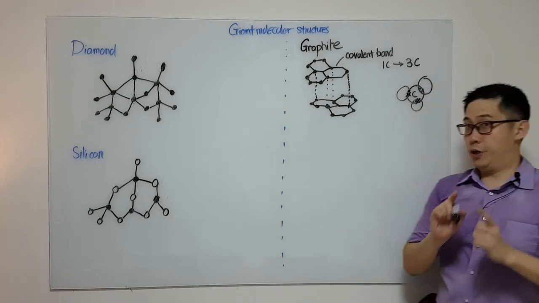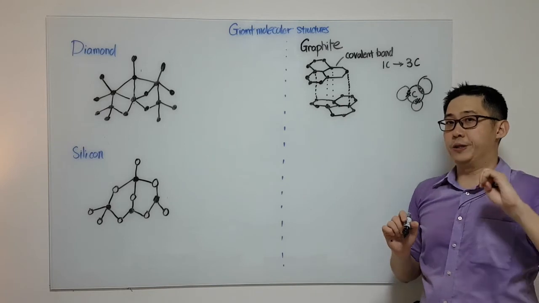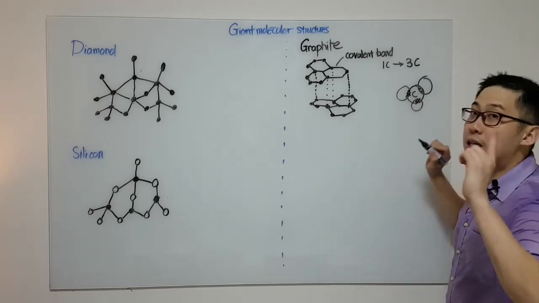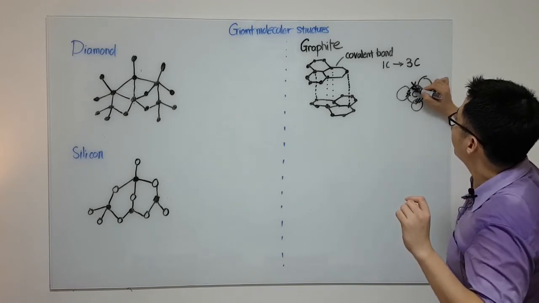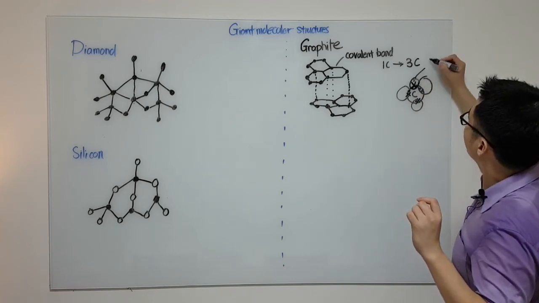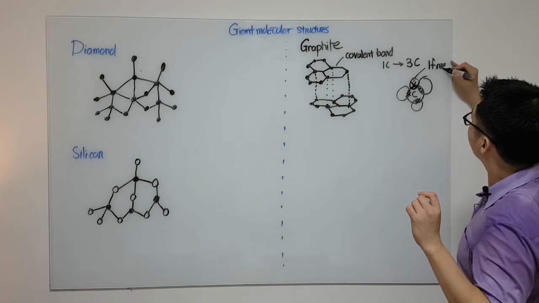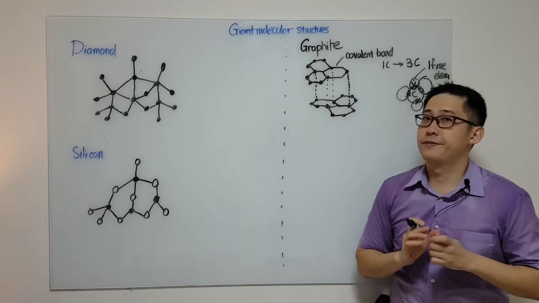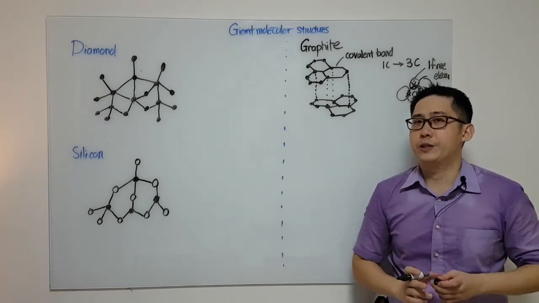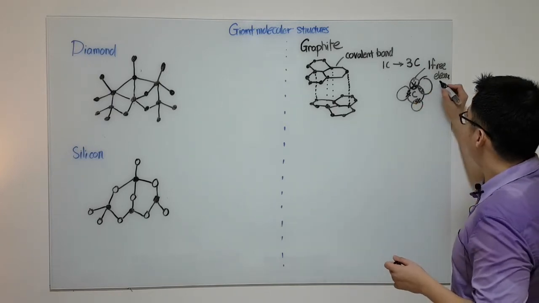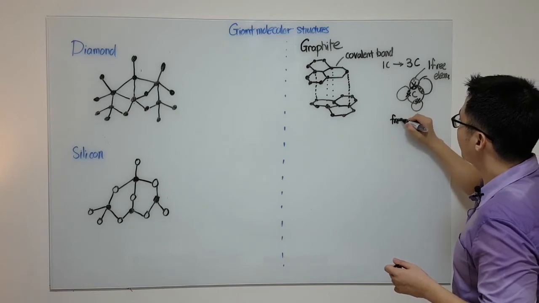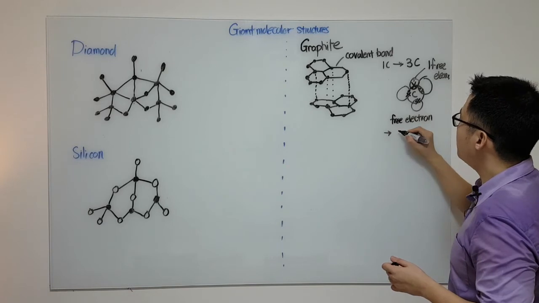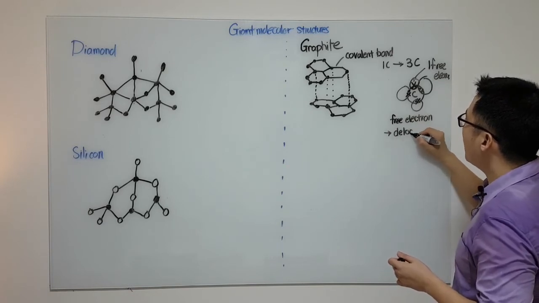This means, if you recall, carbon has 4 electrons. If it is only bonded to 3 carbons, that means each carbon will have one free electron left. This one free electron, students, can be free. This free electron can actually be delocalized.